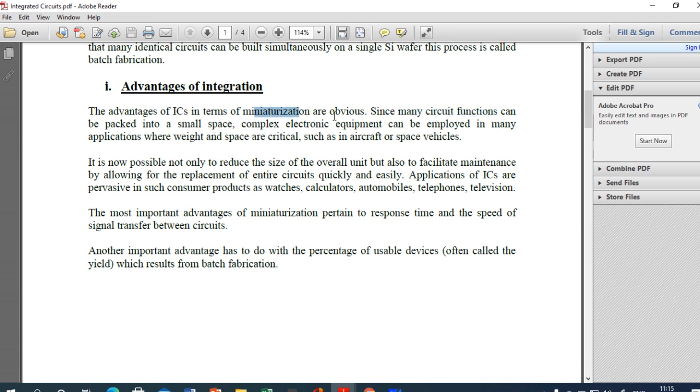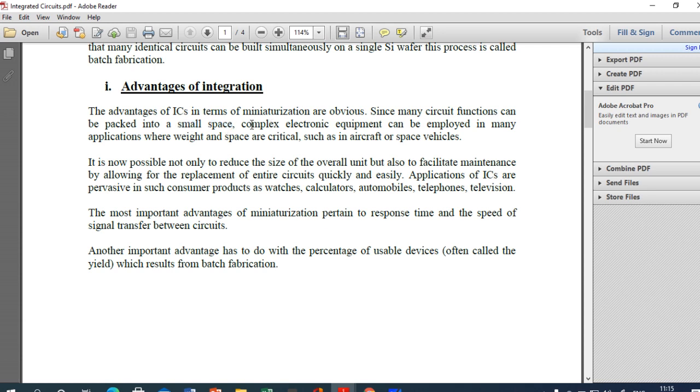Now integrated circuits allow the designer to place the circuit function. Circuit function is nothing but the logic that we are going to implement in that integrated circuit. Logic like, we want to build a 4-bit adder, or 4-bit multiplication. Whatever the circuit function, it can be implemented in a small space of an integrated circuit.